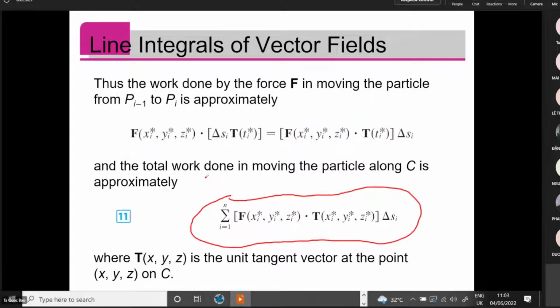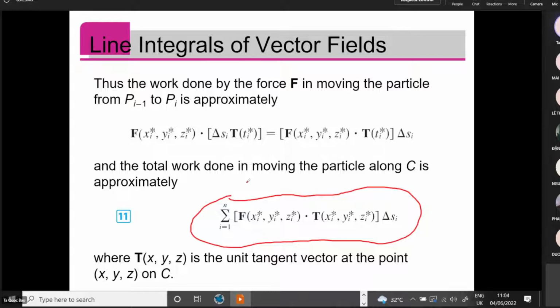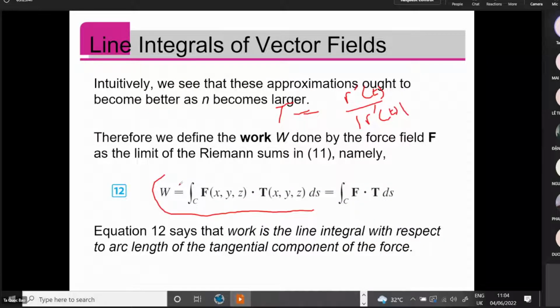Okay. So like this here, the tangent here. So the vector fields here. So when we move along this curve, and we have a tangent, and then the F here, therefore we have a work W exactly.